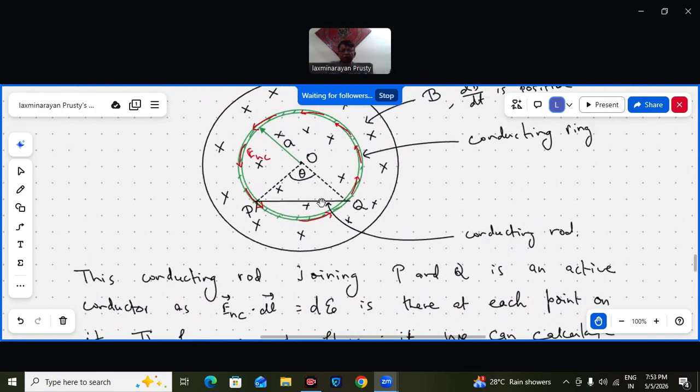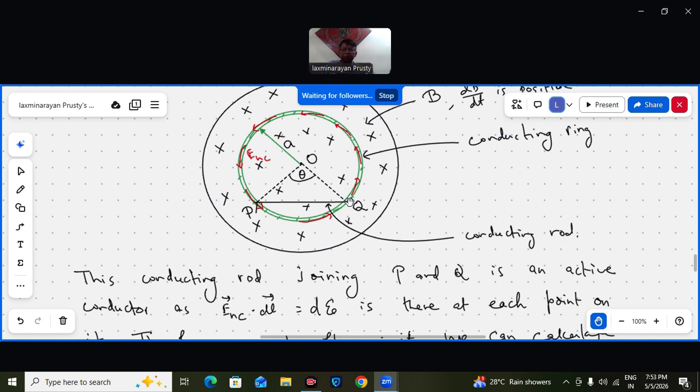But is the PQ conductor an active or passive conductor? It is an active conductor, because the integral of E.dl from P to Q will not be 0. Why not 0? Because you have already seen that the EMF from P to Q is equal to the EMF induced in this POQ triangle. Remember, we have discussed this.